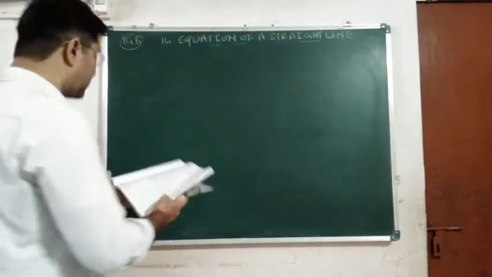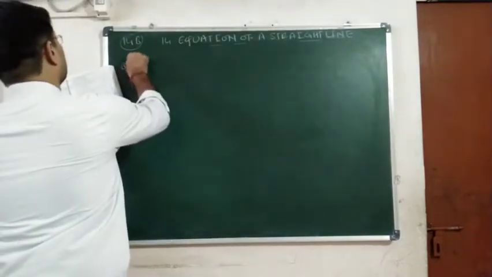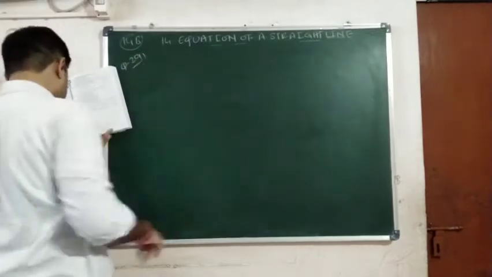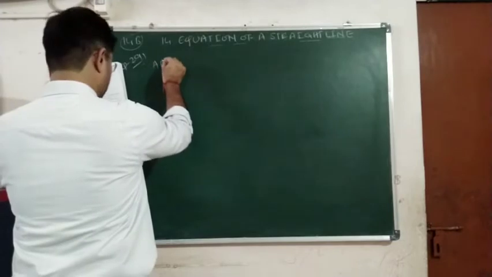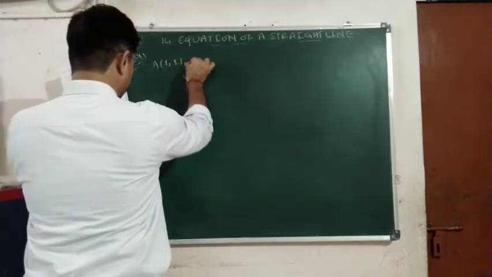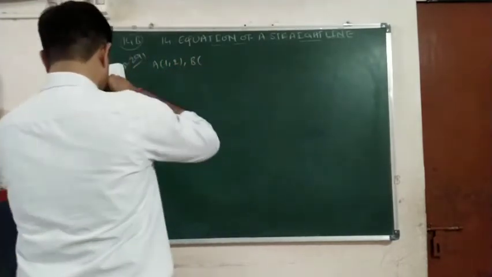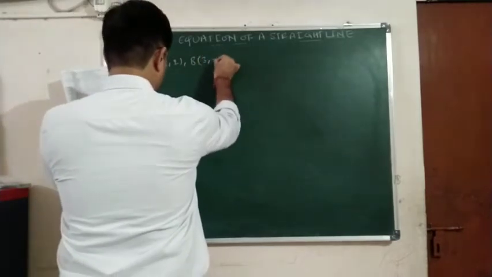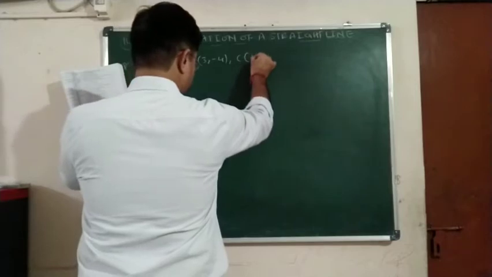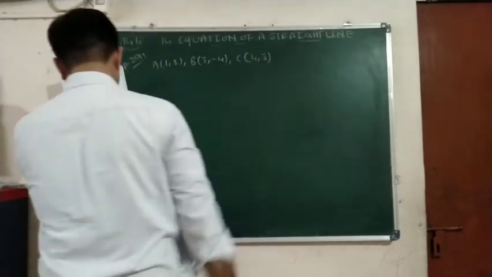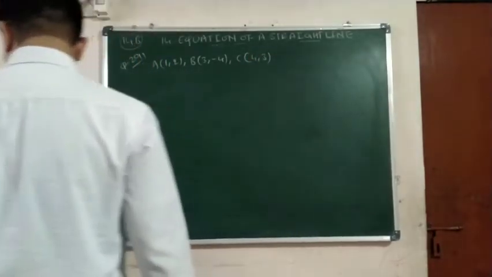We are given coordinates of vertices of triangle ABC: A(1, 2), B(3, -4) and C(4, 3). We have to find the equation of altitude through B.